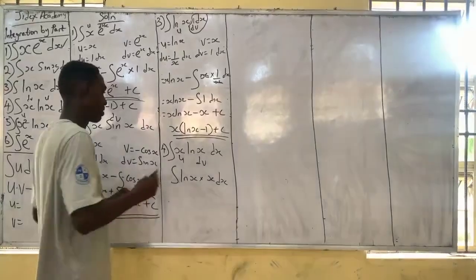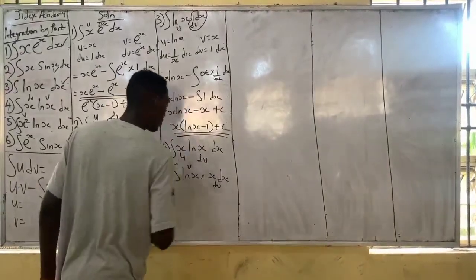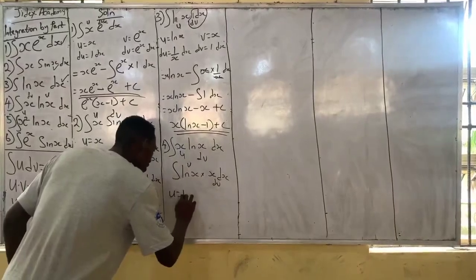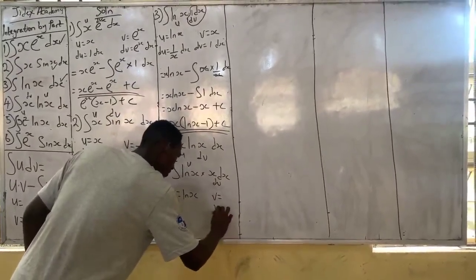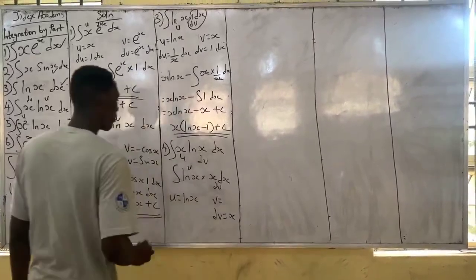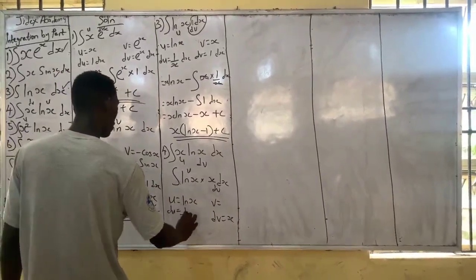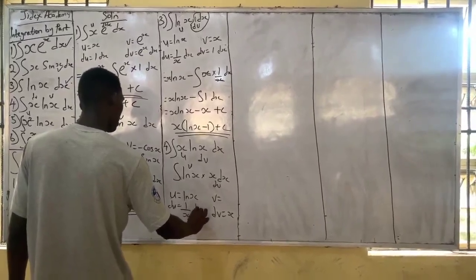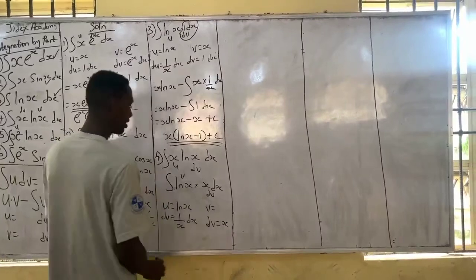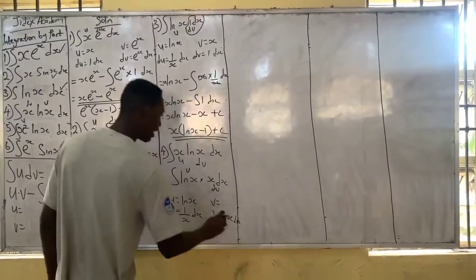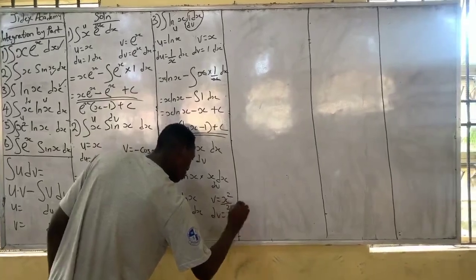After all, we arrive at the same answer. So this is our u and this is our dv. Our u is equal to ln x, and our v is unknown, but we know our dv, which is x dx. Then our du is equal to 1 over x dx. Then our v will be x square over 2.